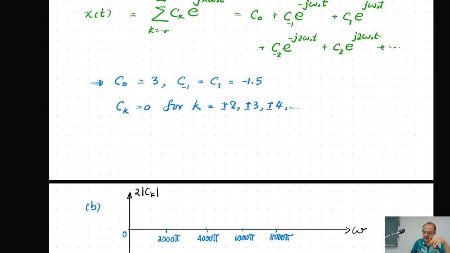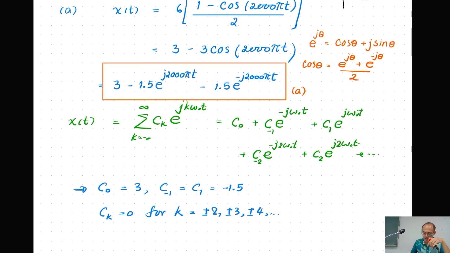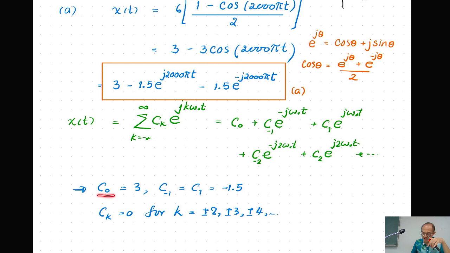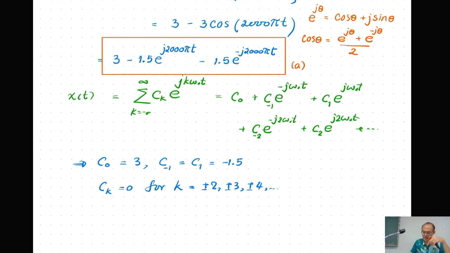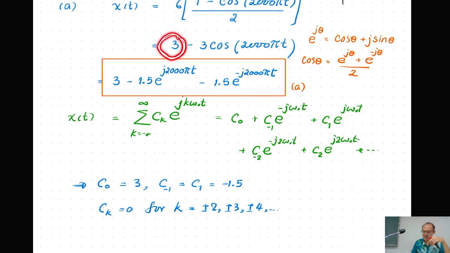Now C0 is at omega equal to 0. This is C0. C0 is 3. So we have 3 here. Look here, C0 is 3.